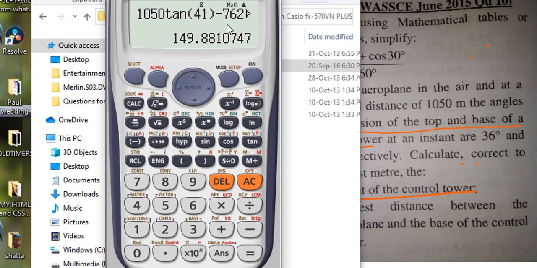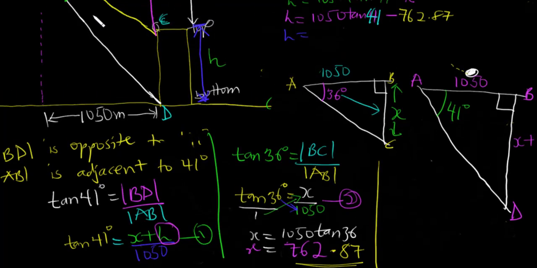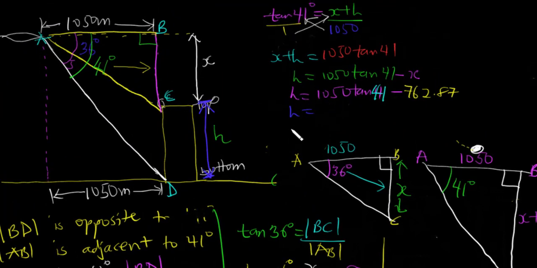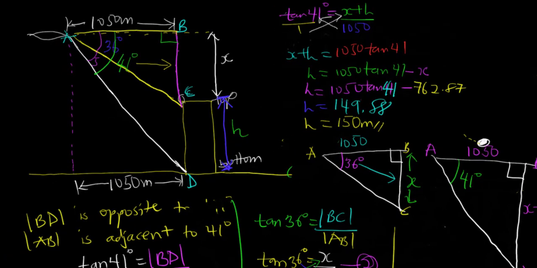All right, let me put it here, 149.88. I am to leave this to the nearest whole number, so that is going to be 150 meters. So that will be the height of the tower.